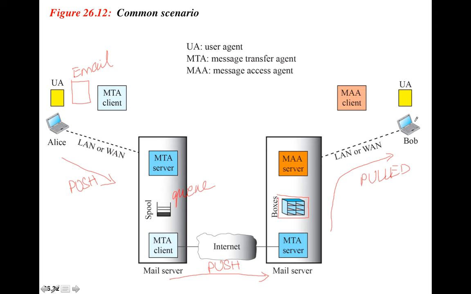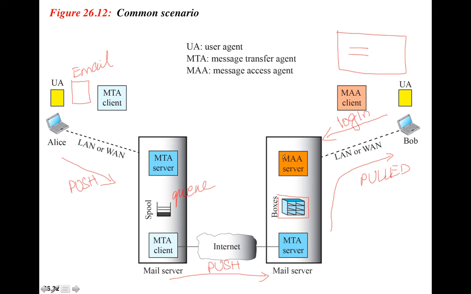When Bob wants to access the email, Bob will enter his username and password. Now, in this case, as you know, in Outlook, we enter our username and password and we store it. So when we store our username and password, anytime we access our mail server to retrieve our email messages, we will have the user agent sending the authentication information, okay, login. Every time we contact the mail server, we need to supply the login information.